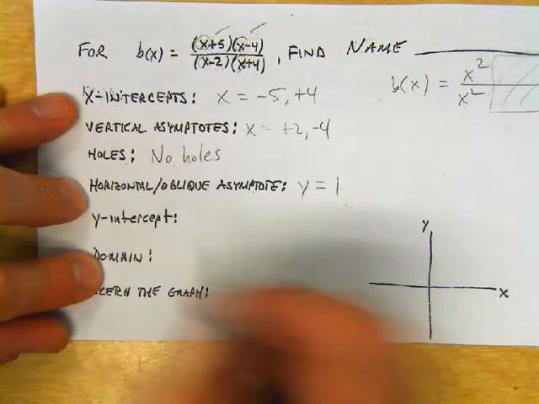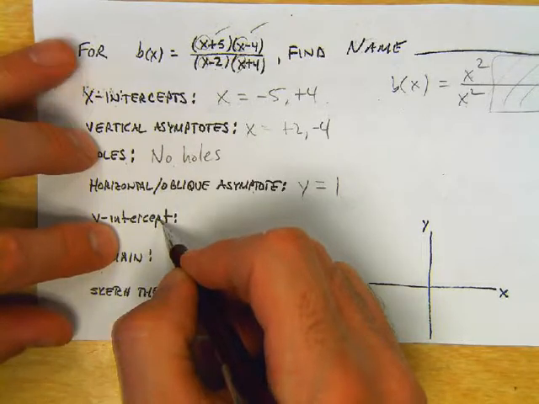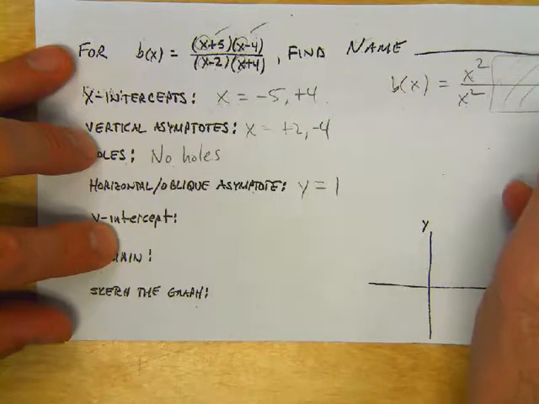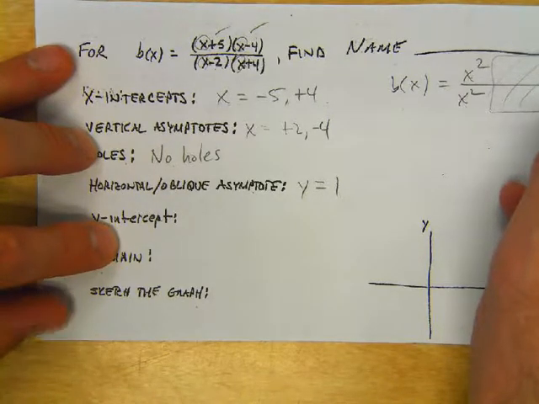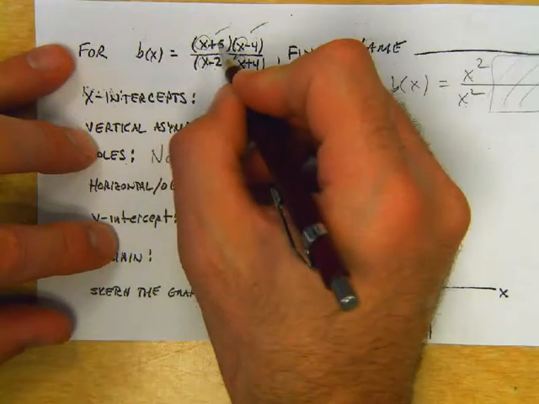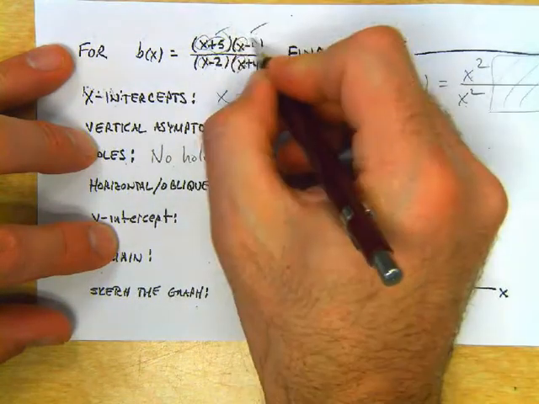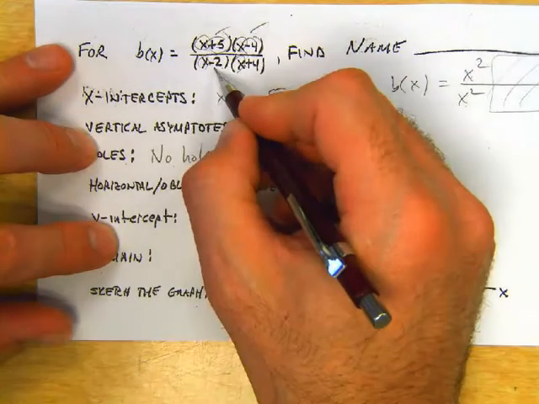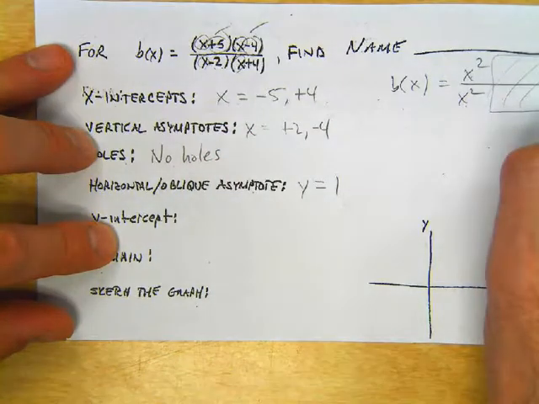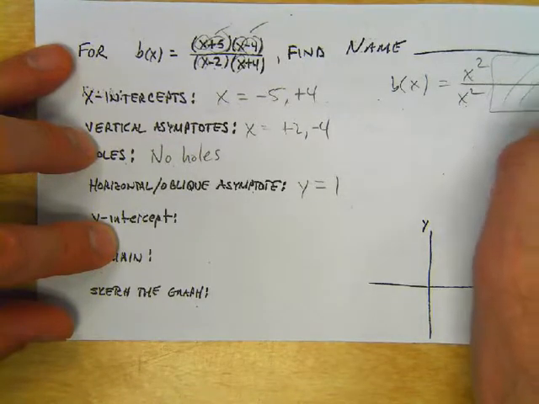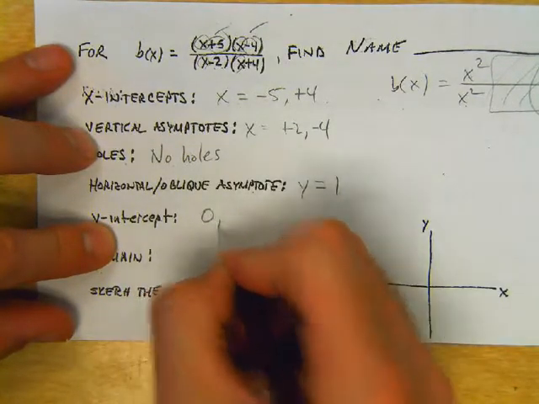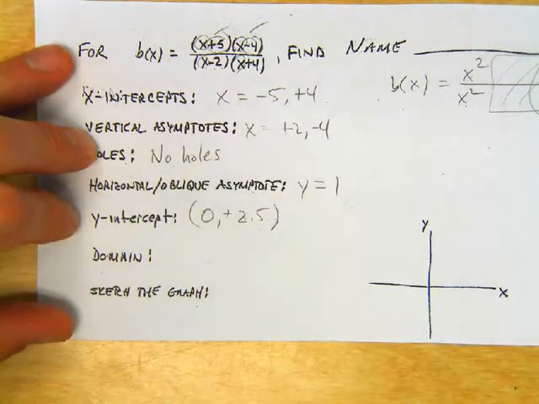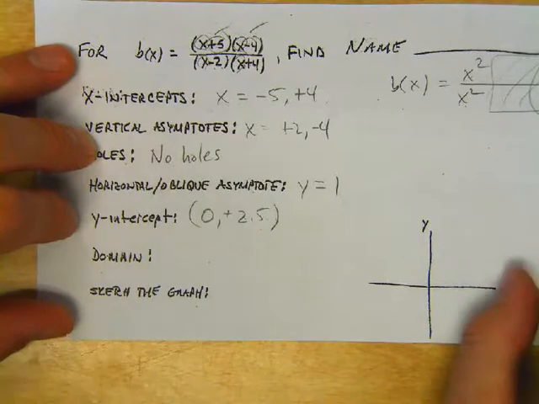The y-intercept comes from the constants in the rational function when numerator and denominator are in standard form. And we can get those numbers by multiplying these constants. So 5 times negative 4 is negative 20, and negative 2 times 4 is negative 8. So the y-intercept will be at 20 over 8, which is positive 2.5.